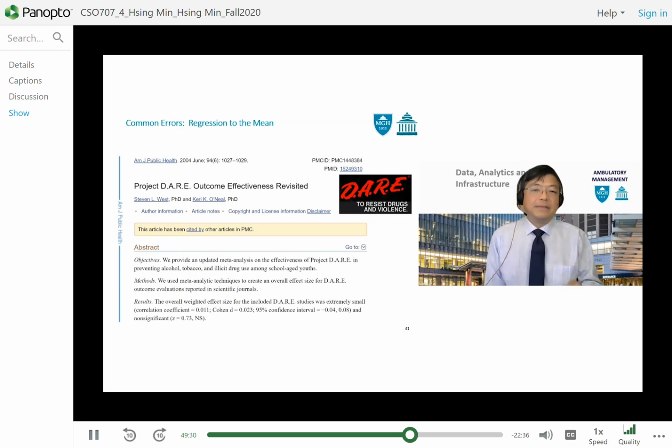And on average, extremes move toward the average. Also, this program suffered from lack of controls. If you had a control group, you would have seen that both your control group and your treatment group were improving due to regression to the mean.